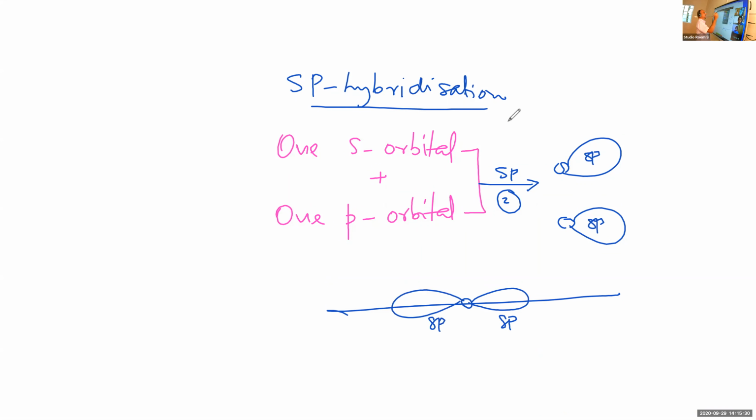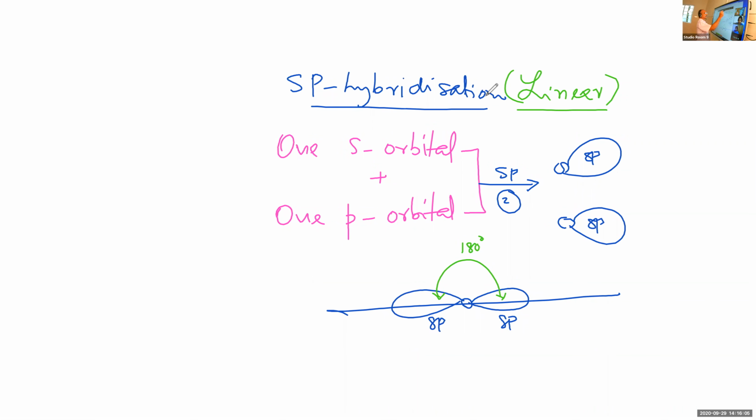They are directed at an angle of 180 degrees, so that there is minimum repulsion between them and maximum stability. And the molecule is linear. So this hybridization is also known as linear hybridization or diagonal hybridization.